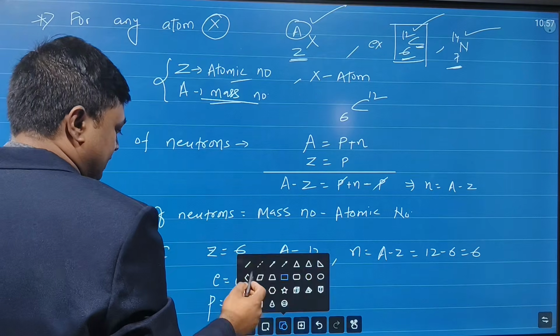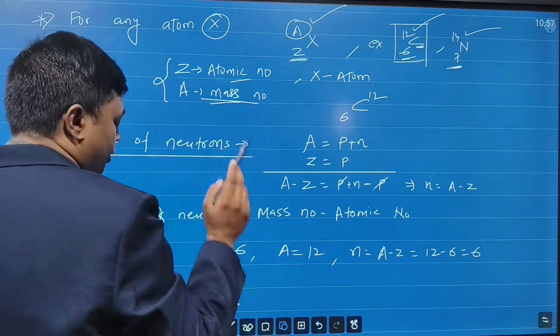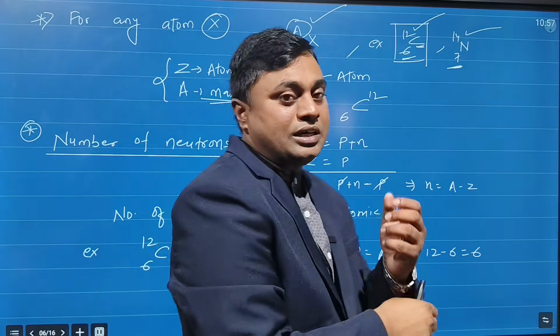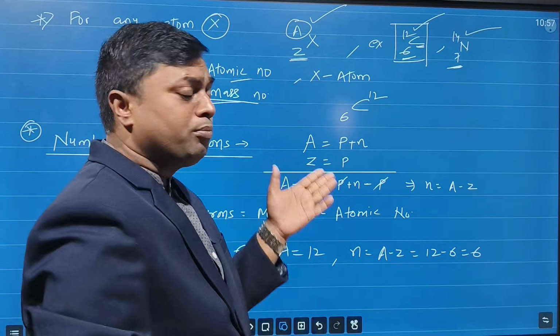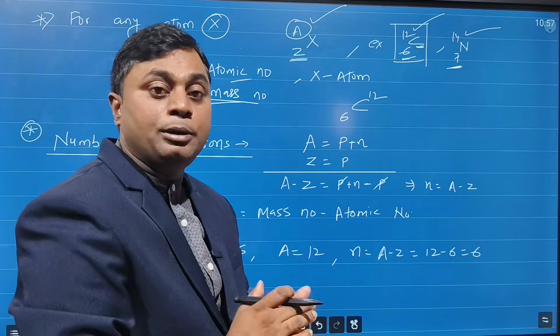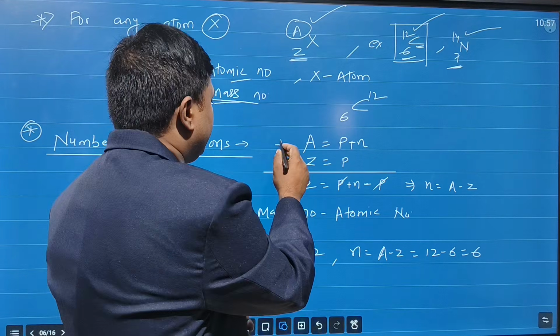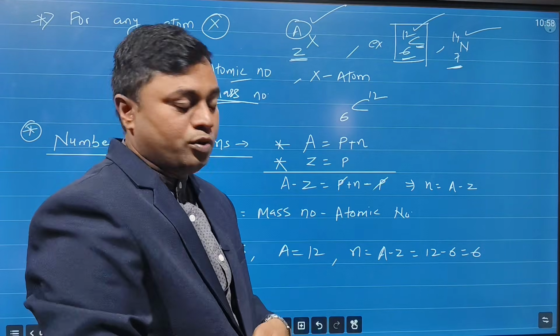One important question they ask in the exam is to find the number of neutrons. To understand this, see here, my mass number A is equal to P plus N, yes or no? And atomic number is nothing but the number of protons.